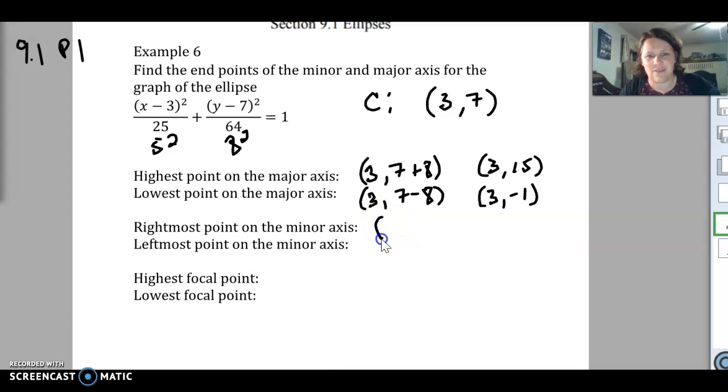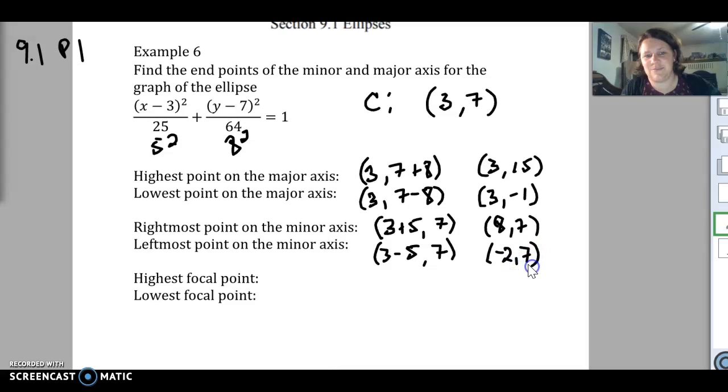So we're going to have the point (3 plus 5, and then y stays the same), and then (3 minus 5, and then the y stays the same). So (8, 7) and the point (negative 2, 7).